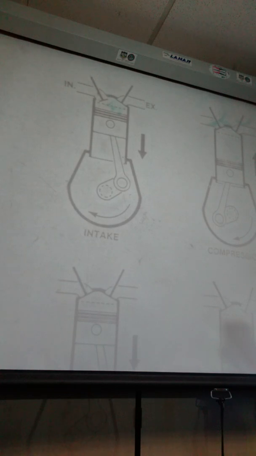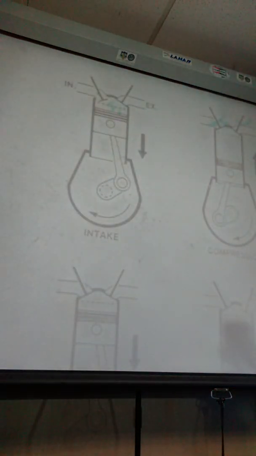Then a second thing they ask is, what does valve overlap promote? The answer to that is scavenging of exhaust. So it helps with cooling valves and helps to scavenge the exhaust gases out of the cylinder.